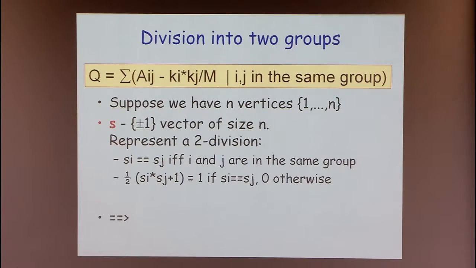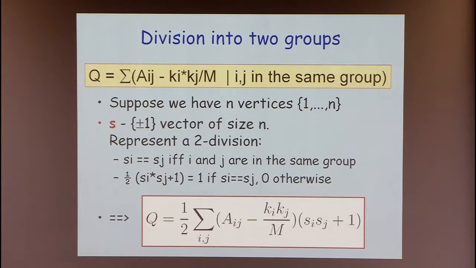And therefore, we can now write the modularity function, just for the case that we wish to divide our graph into two pieces, as again this sum over all pairs, but now these pairs are multiplied by (s_i s_j + 1) over 2, which exactly says whether they are in the same group or not.